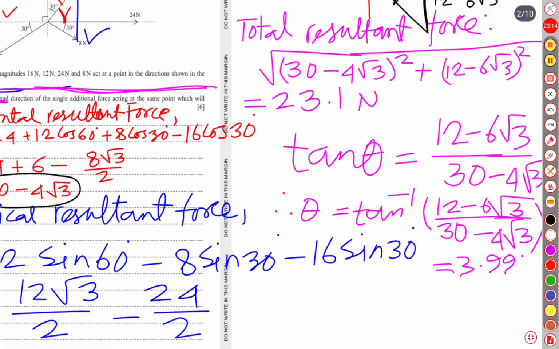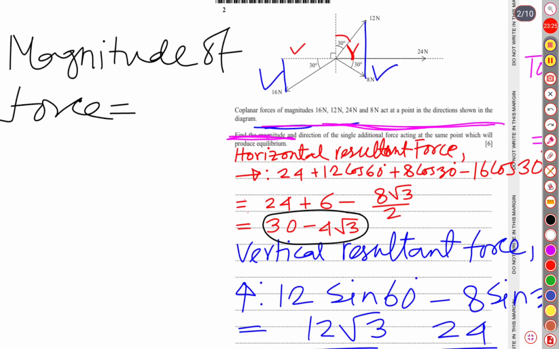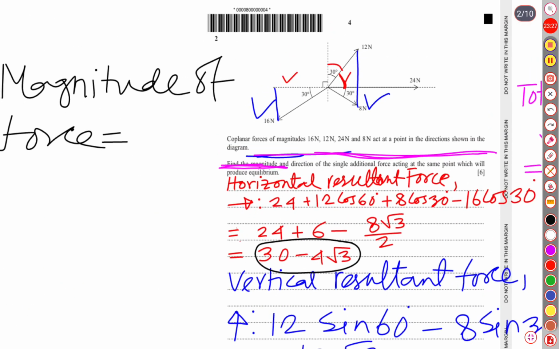The magnitude of force was 23.1 Newton and the angle is 3.99 degree. So the force is 23.1 Newton.